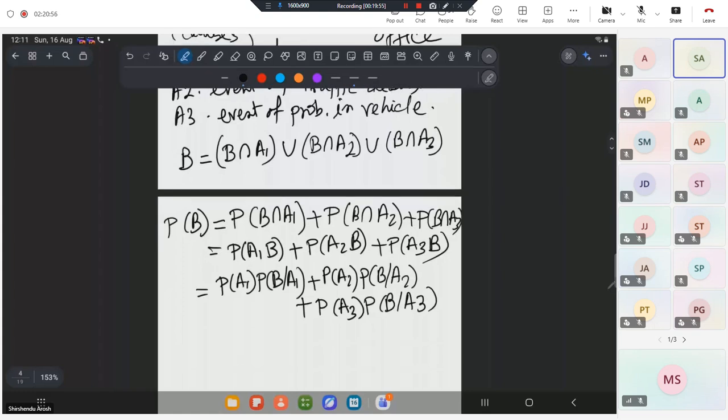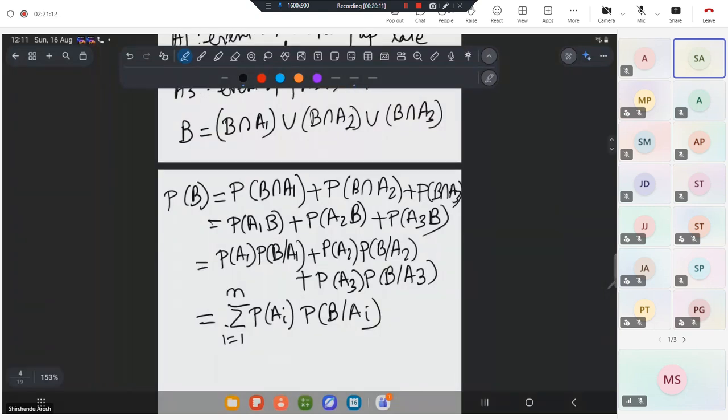In summation, I'm writing it as the sum over i of P of Ai multiplied by P of B given Ai. So basically, this is the effect, and these are the causes.